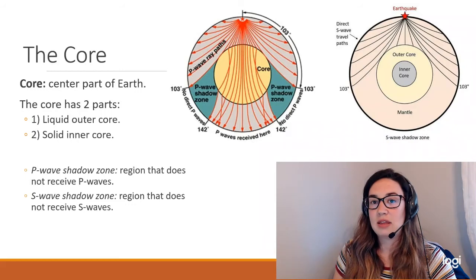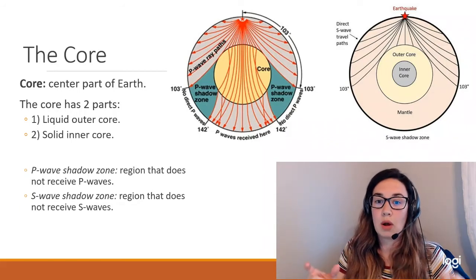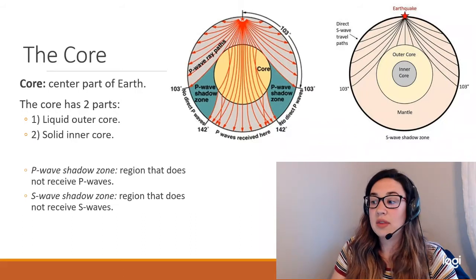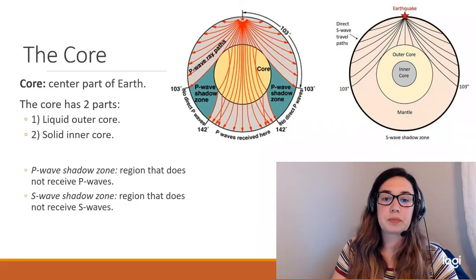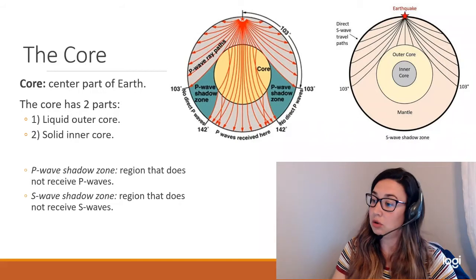So the way that these seismic P waves are traveling through the core, they create what we would call a shadow zone where there is an area that is not impacted by these P waves. And this also happens with our S waves or our secondary waves. We have a secondary wave shadow zone if we have an earthquake happening.